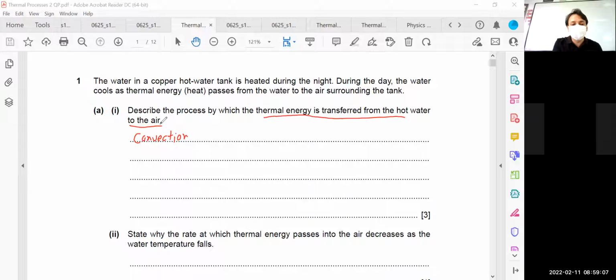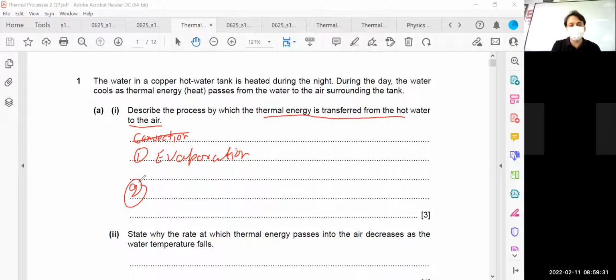What is happening here? The first method we can say is evaporation. Hot water is there, evaporation can take place, and during evaporation, high energy particles leave, and the average kinetic energy of the remaining liquid decreases and the temperature falls. So slowly and slowly the evaporation is taking place.